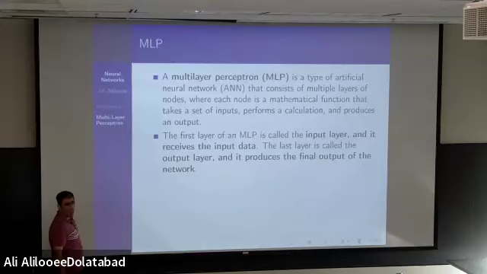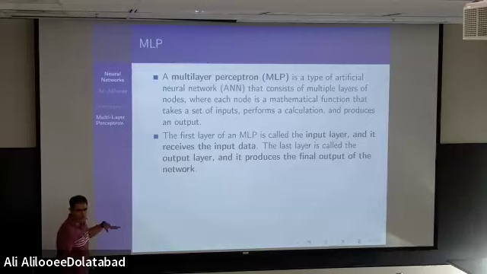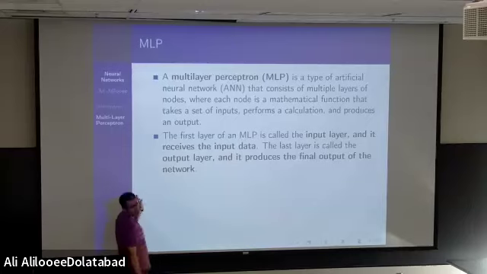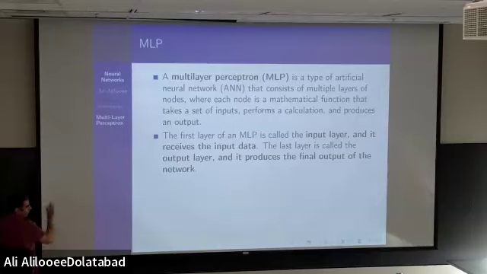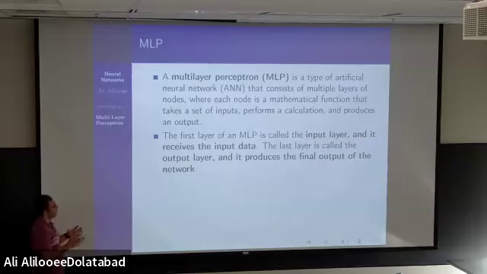As we explained, there are just two layers that are connected to the outside world: input layer and output layer. Whatever you have as the hidden layers, which are in the middle of input and output, are not connected to the outside.